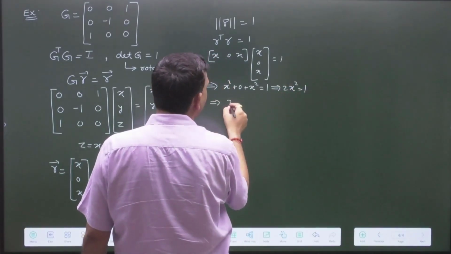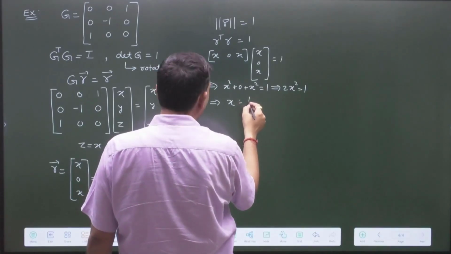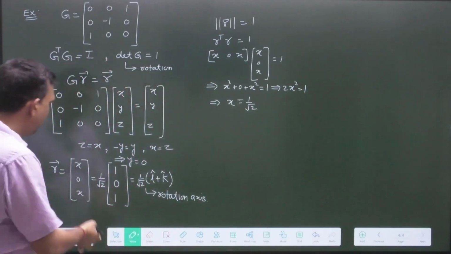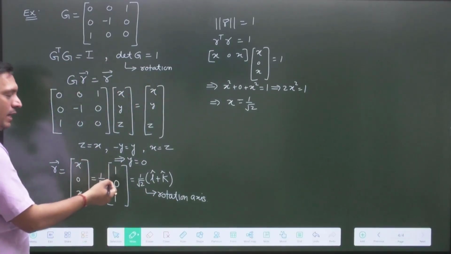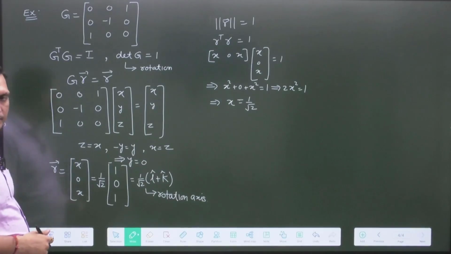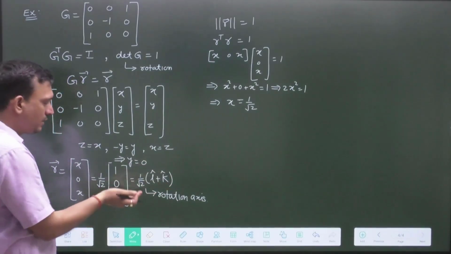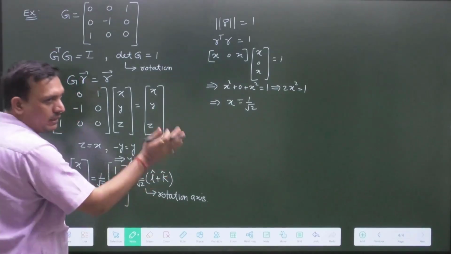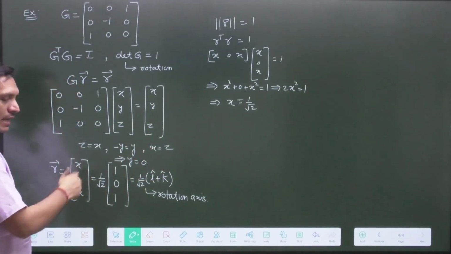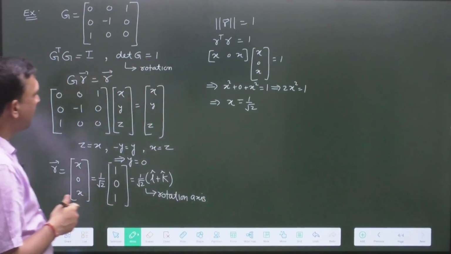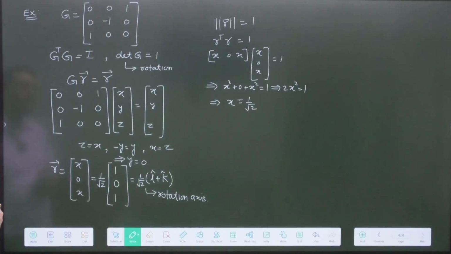So X will be 1 by root 2. So if a vector is given, you can normalize it so that its mod value is 1. Otherwise, sometimes they may give you I cap plus K cap as the rotation axis. This will only give you the direction. If you normalize the vector, you will get the unit vector in that direction. Okay? So this is the axis of rotation.